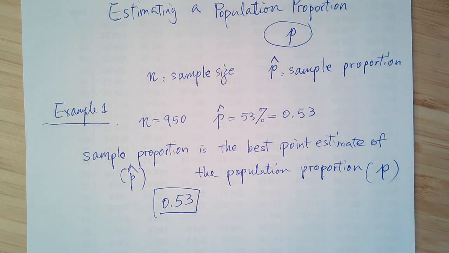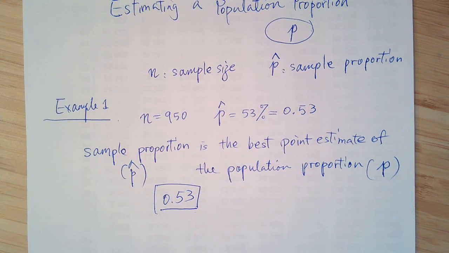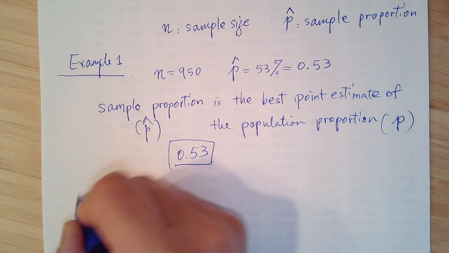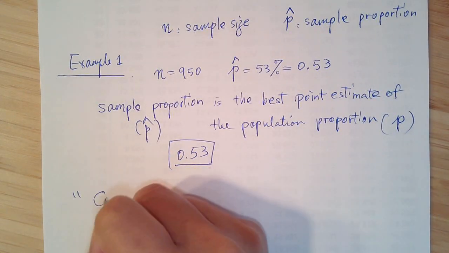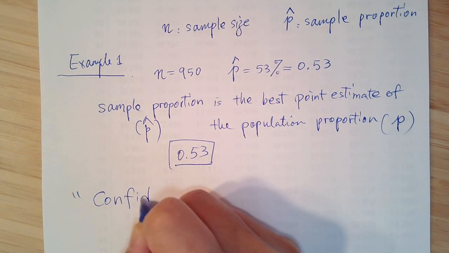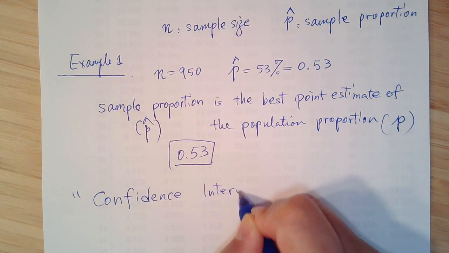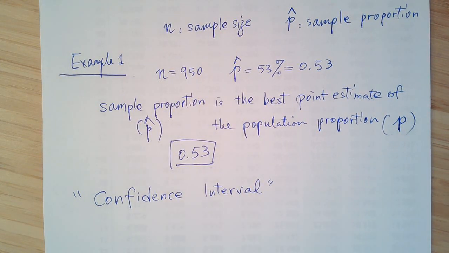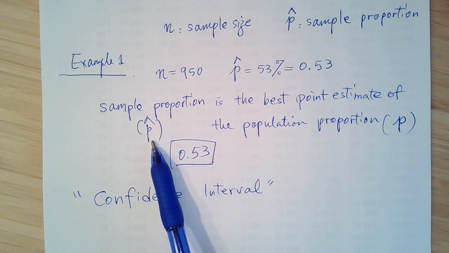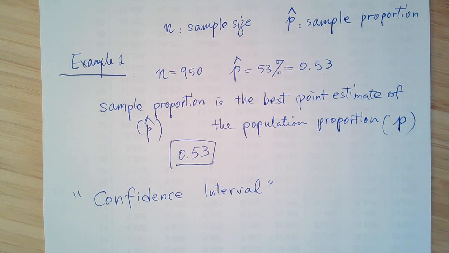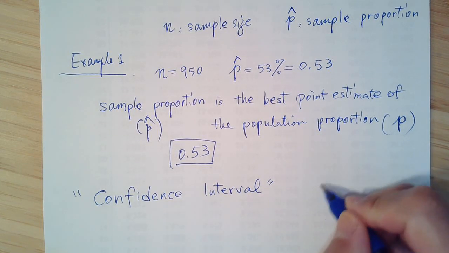All right, so that comes to our new topic today. It's called confidence interval. What does that mean? We're going to use the sample proportion P hat to construct a confidence interval.